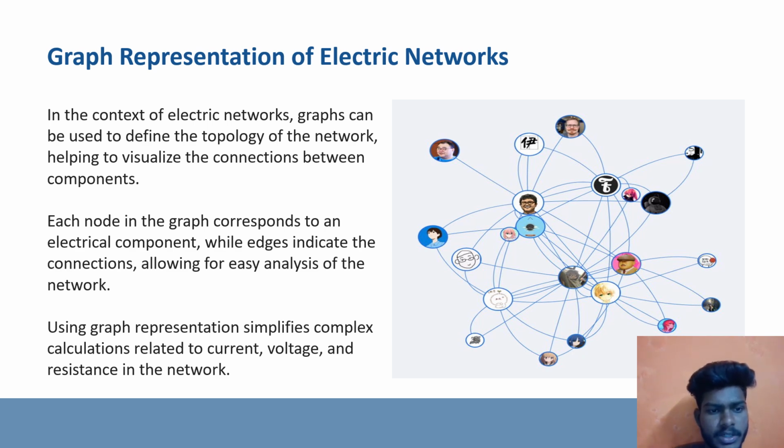Each node in the graph corresponds to an electrical component, while edges indicate the connections, allowing for easier analysis of the network. Using graph representations simplifies complex calculations related to current, voltage, and resistance in the network.